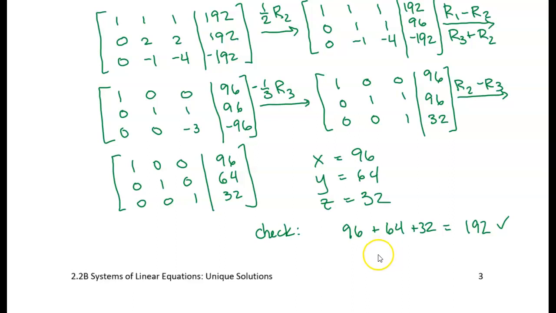The number of 2 bedrooms plus the number of 3 bedrooms to be equal to the number of one bedrooms, right? So 64 plus 32, we want that to be equal to 96, right? And that works out.